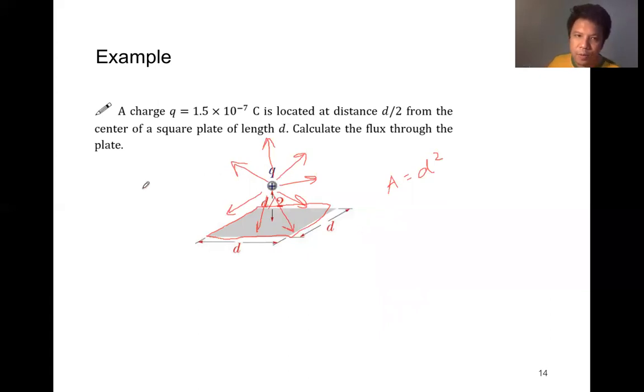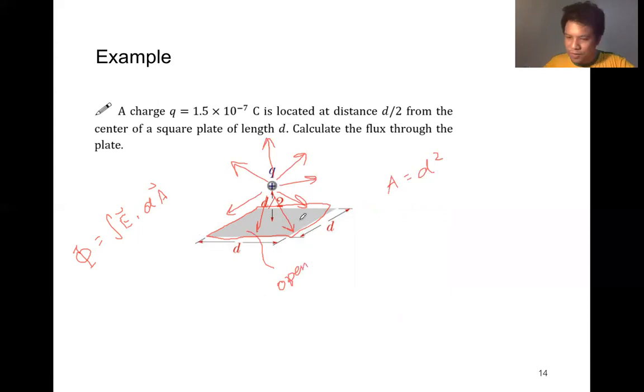Okay, if we want to find the flux directly, we have the direct definition of electric flux, which is also not easy to find. And using Gauss's law might also be hard because this one is an open surface, not a closed surface.